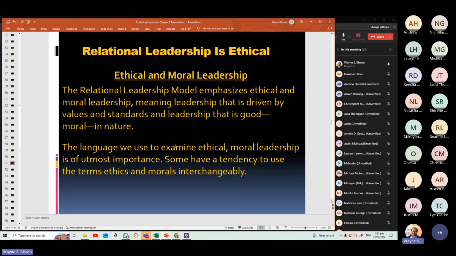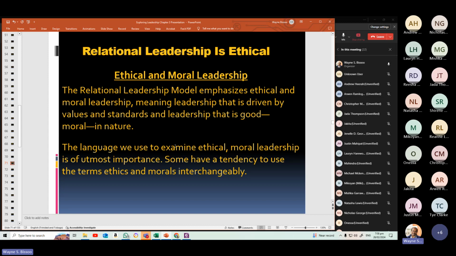Now, we come to one of the most critical elements of the relational leadership model, which is being ethical. The model emphasizes the ethical values of leaders. Again, the model really focuses a lot of attention on the development of leadership values and standards, and that's really going to be a big stumbling block.